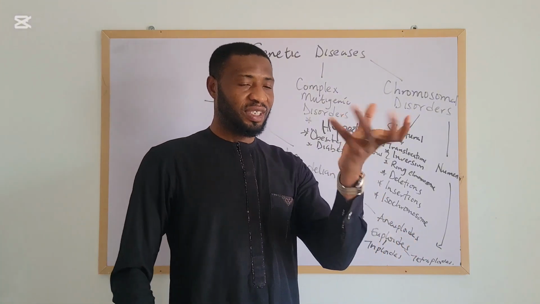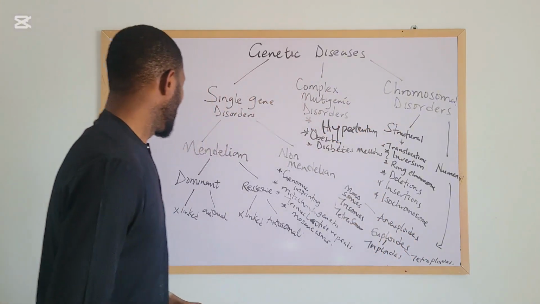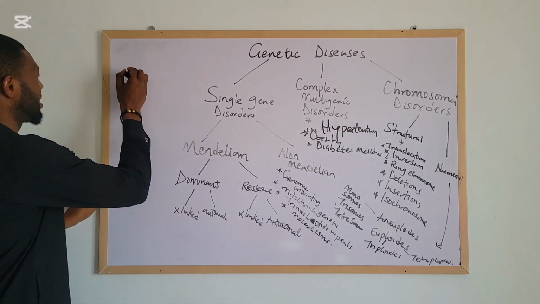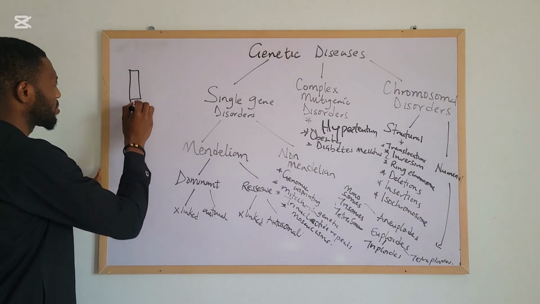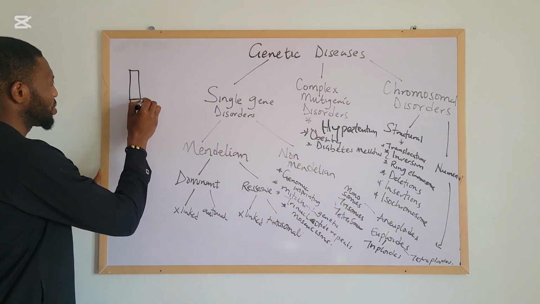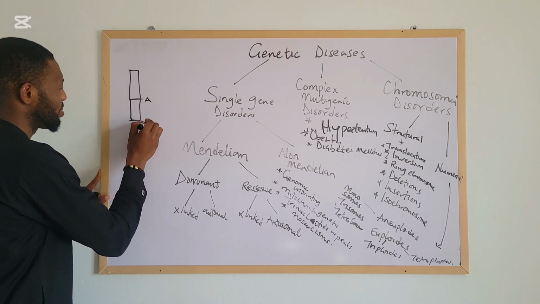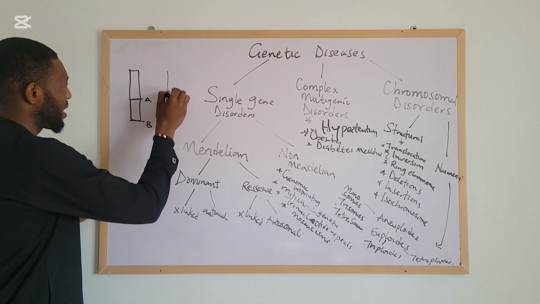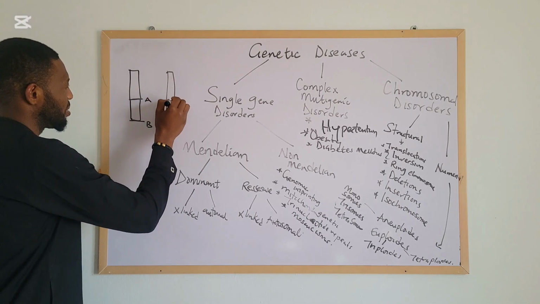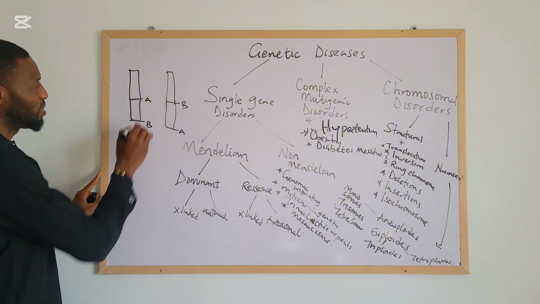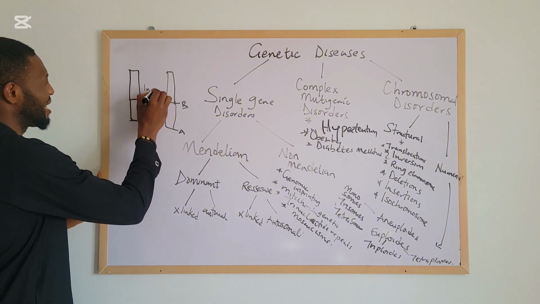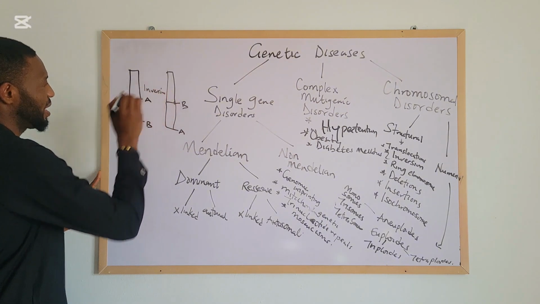So for example, let's assume that this is a chromosomal portion, this is portion A and this is portion B. In inversion, what we have is portion B coming here and portion A coming here. So this is what is called an inversion.